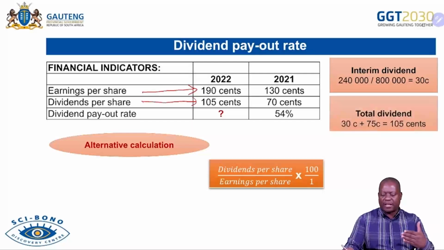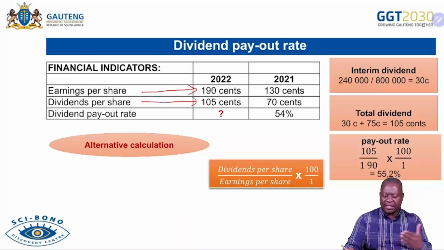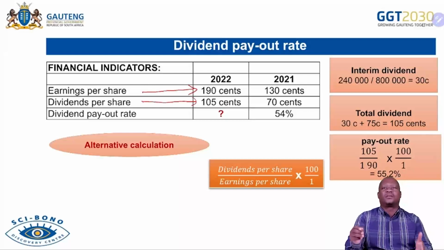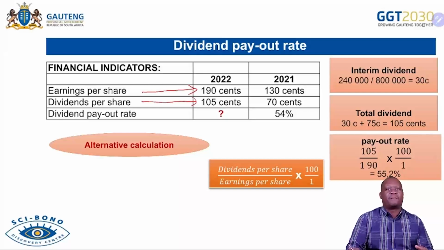The payout rate is 105, the dividends per share, divided by 190, which is the earnings per share. And when you multiply by 100, my calculator is giving me another 55.2%. You can see the margin of error is very little, very limited.